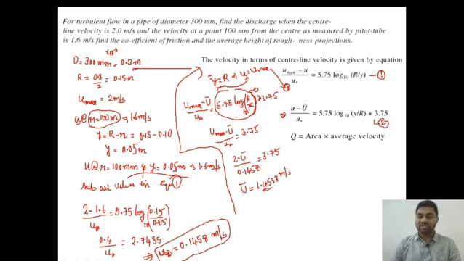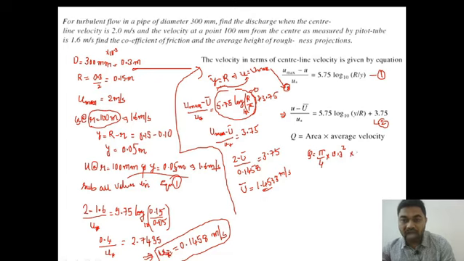Discharge is equal to area into velocity. Q is equal to area, pi by 4 into d squared, where d is 0.3, into the average velocity, 1.4533.